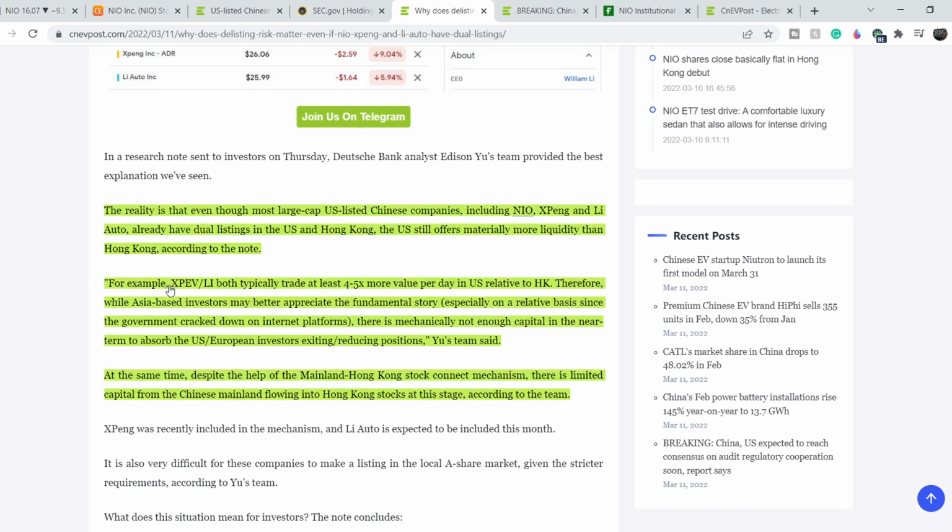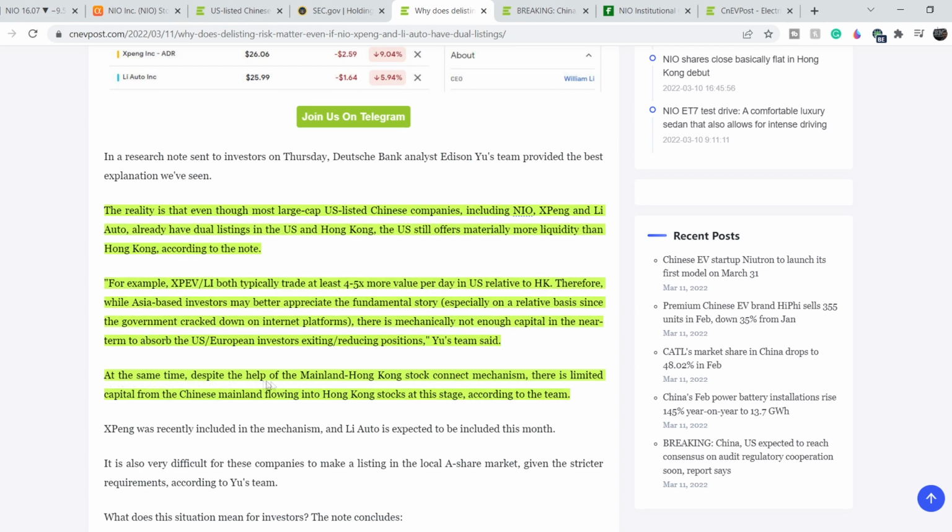For example, XPeng and Li both typically trade at least 4 to 5x more value per day in the US relative to Hong Kong. Therefore, while Asia-based investors may better appreciate the fundamental story, especially on a relative basis since the government cracked down on internet platforms, there is mechanically not enough capital in the near term to absorb the US-European investors exiting or reducing positions, the team said.